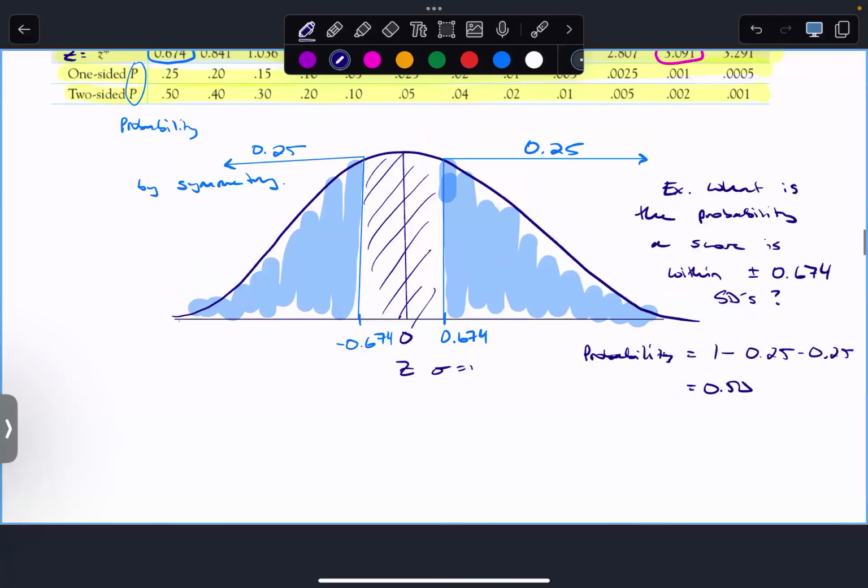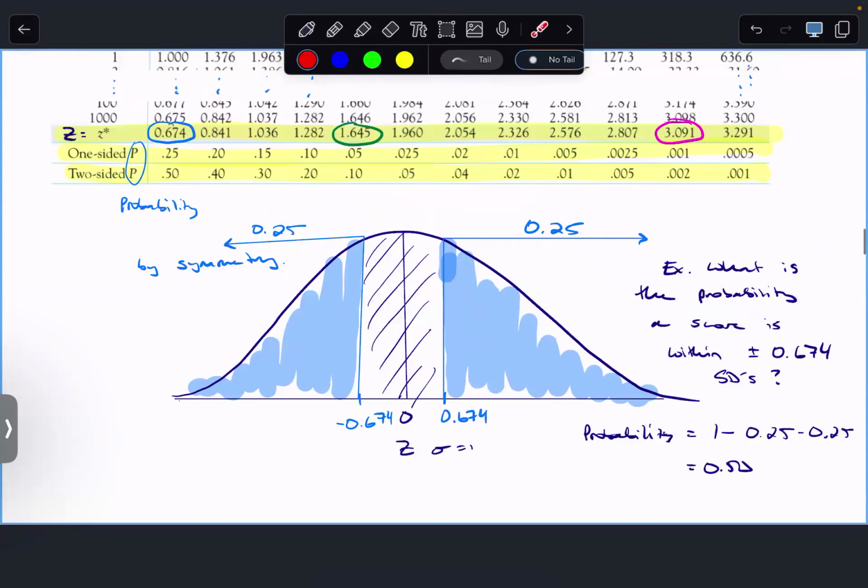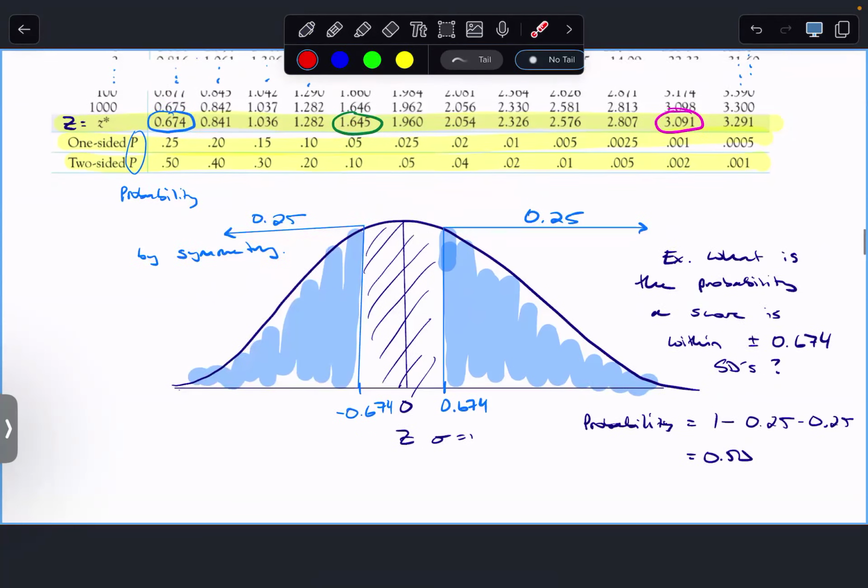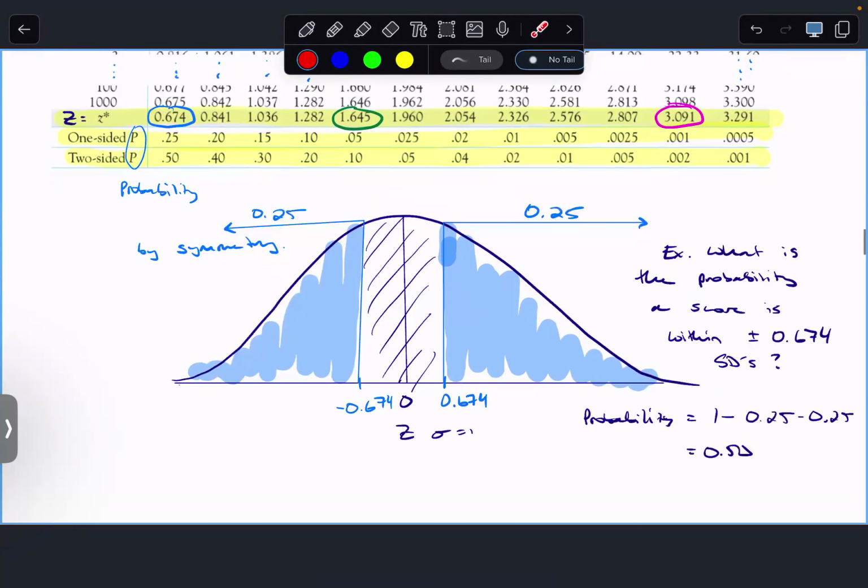All right. So then, let's do the same thing, but let's move out a little bit, to a Z of 1.645. Let's draw it here, 1.645.